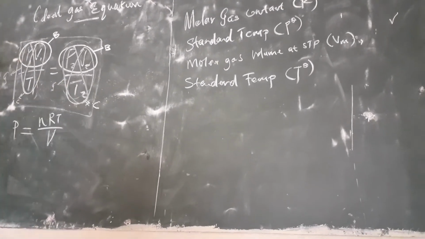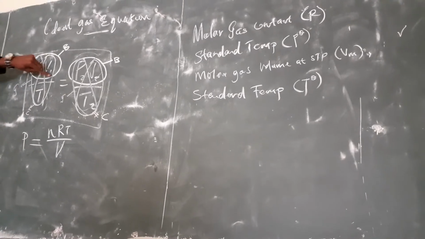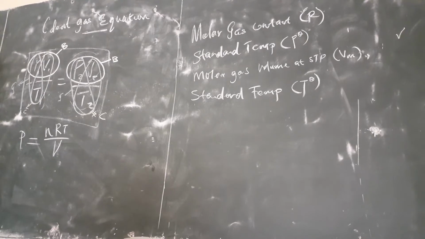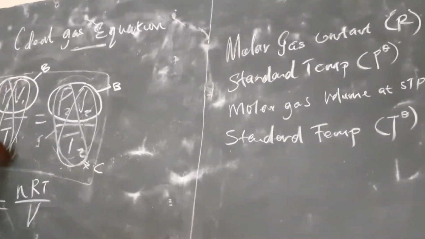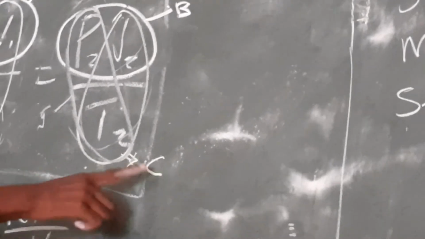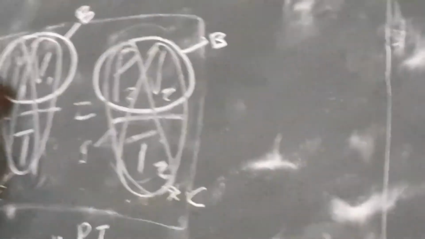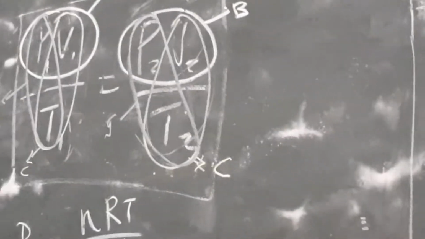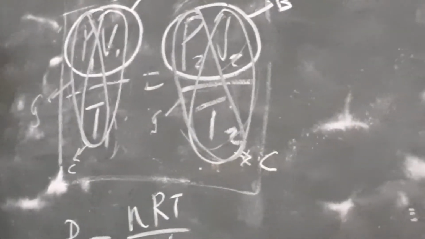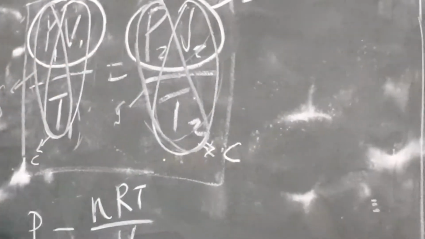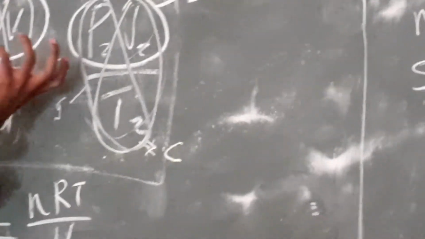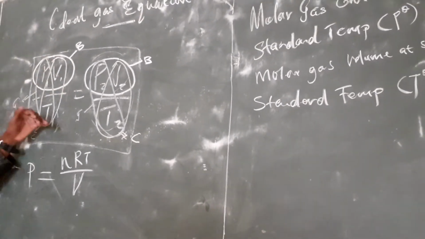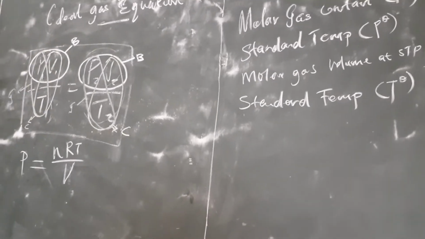So the ones with the white chalk are B, meaning Boyle's law. The one with the yellow chalk is C, which is Charles. The one with the purple chalk is Guy-Lussac's principle. So from the principles that we used, we combined all the ideas, and from there we're going to be focusing on how this behaves, interpreted in ideal gas equations.